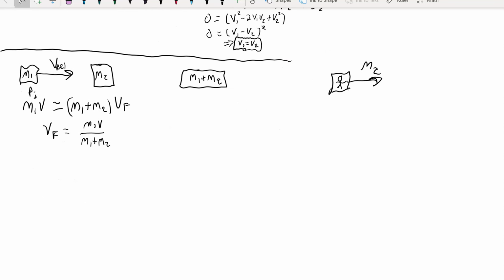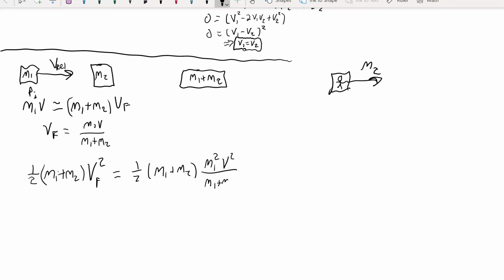Okay. Now, let's look at the kinetic energies again. So the final kinetic energy, 1/2 M1 plus M2 times V final squared. So that's 1/2 M1 plus M2 times M1 squared V squared divided by M1 plus M2 squared.